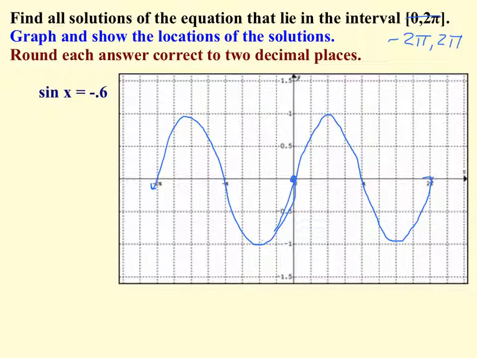Alright, so we want to find when sine of x equals negative 0.6. In other words, when does the y-coordinate of the graph equal negative 0.6? We see it happens in 4 different spots.